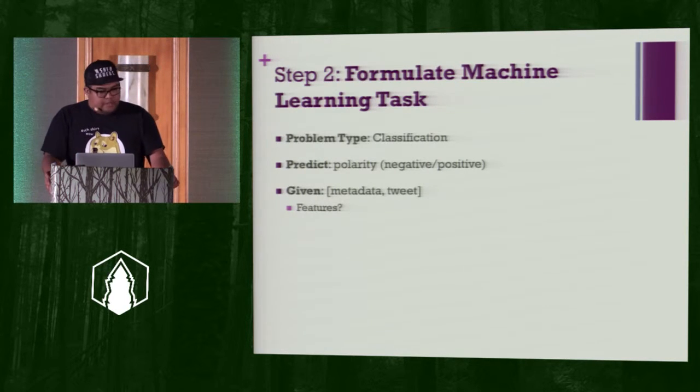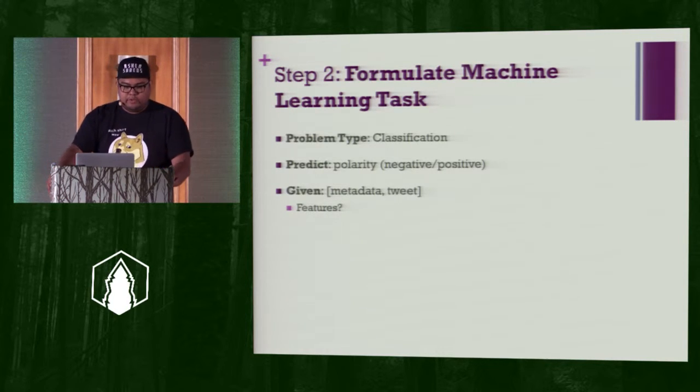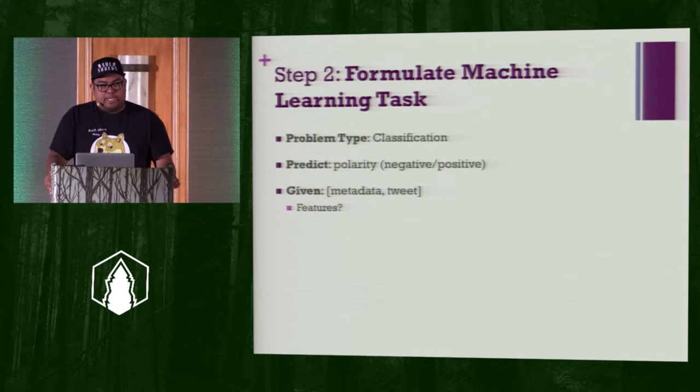So, now that we have data, let's move on to how we would actually use it. This problem largely falls under the classification family of algorithms. So you want to predict polarity, meaning you want to predict a class of negative sentiment or positive sentiment.